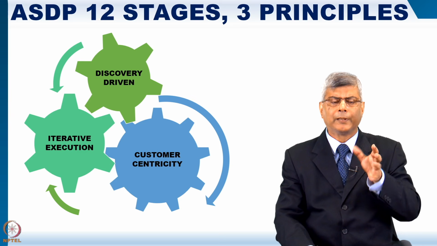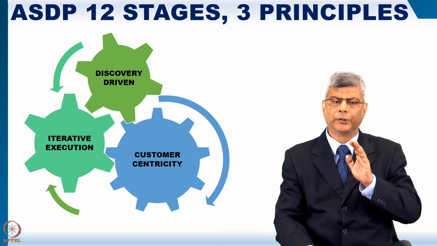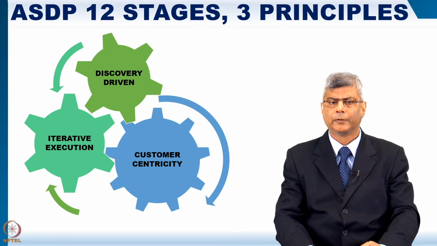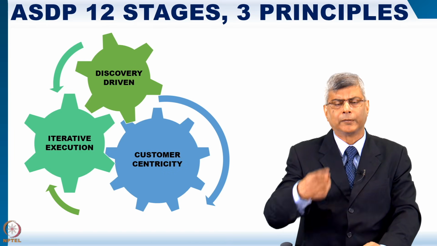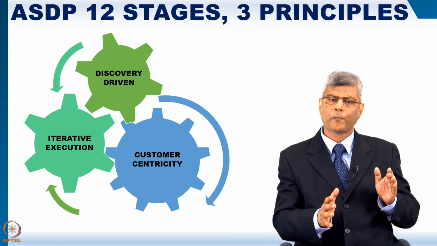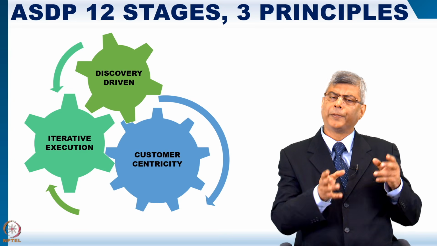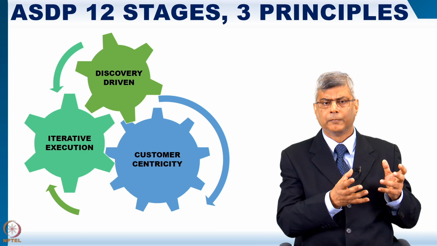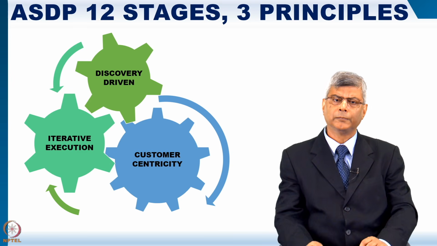The second principle is iterative execution. So there are 2 parts to it. First is iterative, which means you keep doing it and keep doing it and keep doing it. You don't do it once and stop. It could be a product design, a prototype design, a first cut solution.